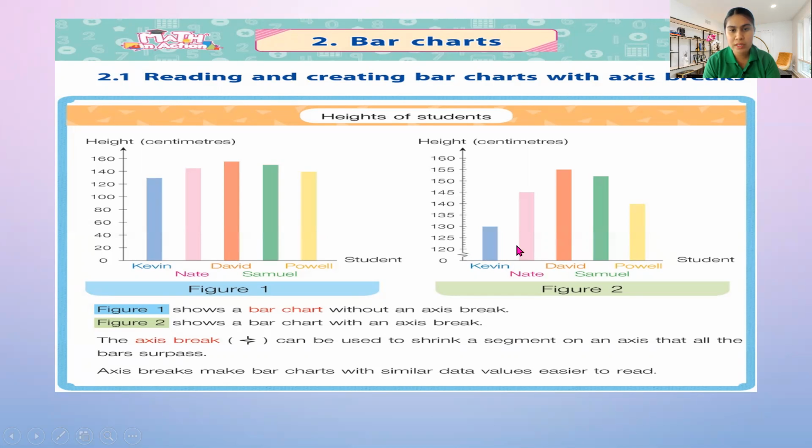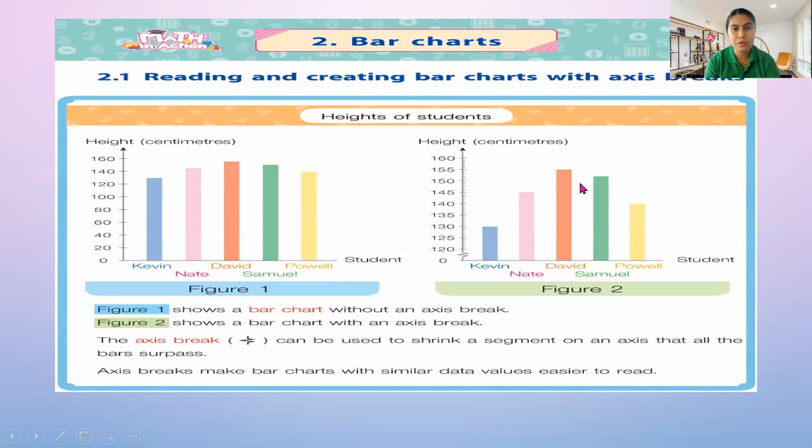So here you can now see the actual height of the students. Without it, you can see the differences but not accurately. But if we have the axis break, you can differentiate the height of the students.